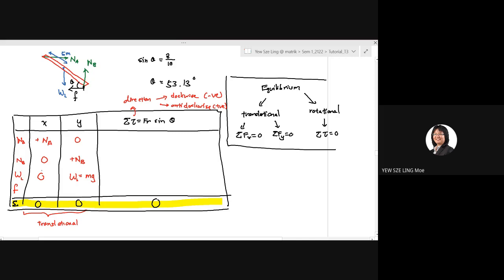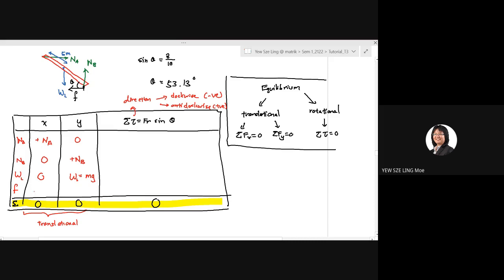Now, usually when it comes to this type of question, you will have more than one object. Other than the ladder, sometimes they will place items on top of the ladder. So usually I like to put a subscript on W, to indicate which item W belongs to. And then the last one is the frictional force. Frictional force is lying on the x component, but now it's going to the left-hand side.